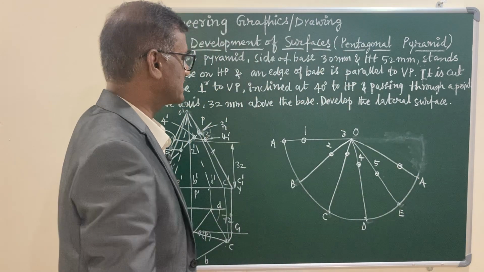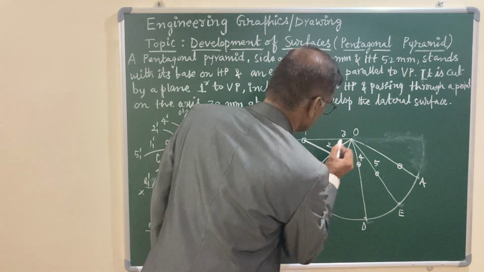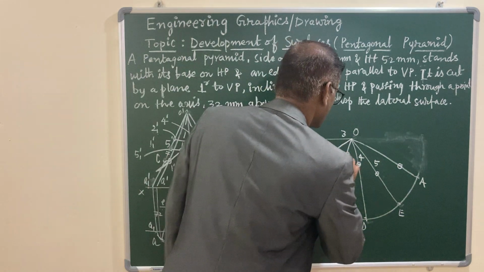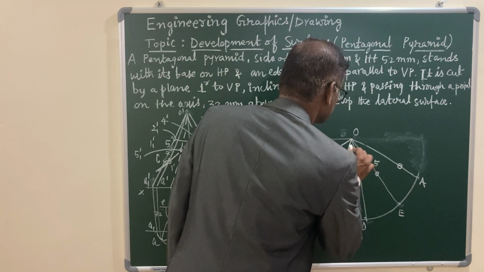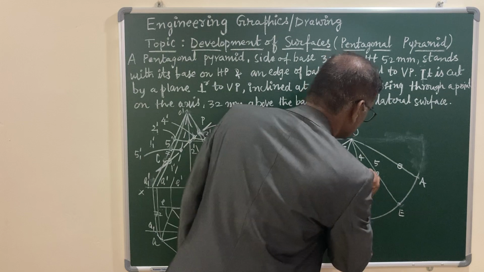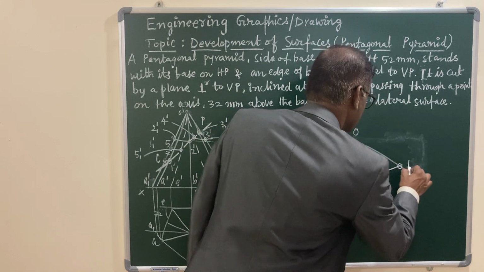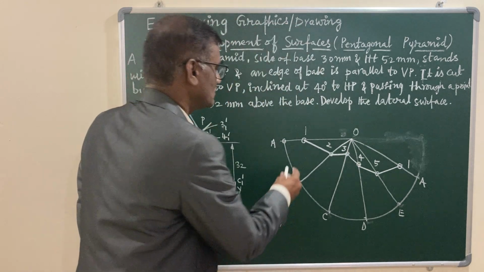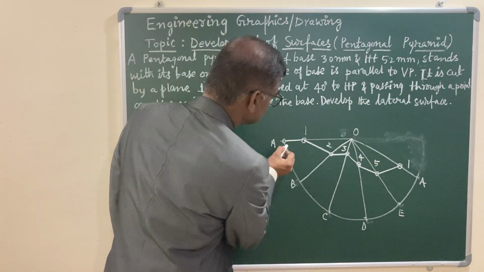Join all these points with the help of a scale with HB pencil. 1 2, 2 3, 3 4, 4 5, and 5, this repeats 1. So at the end of it, you highlight the result with HB pencil.